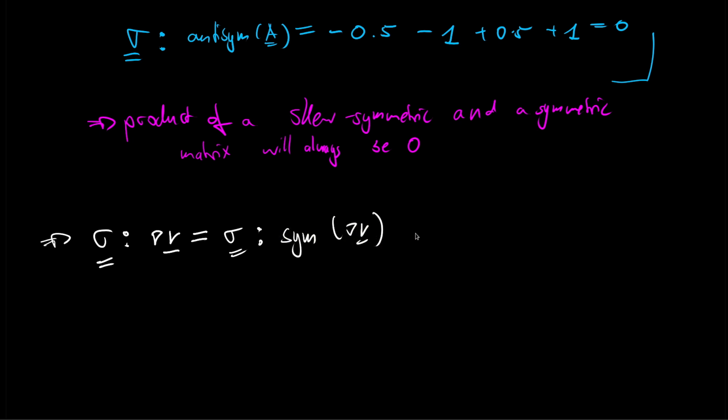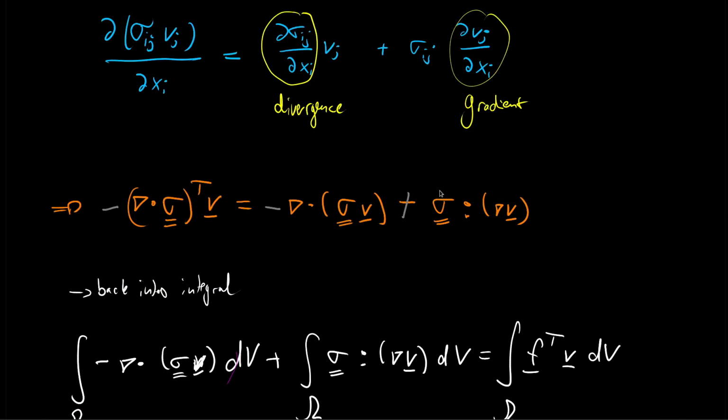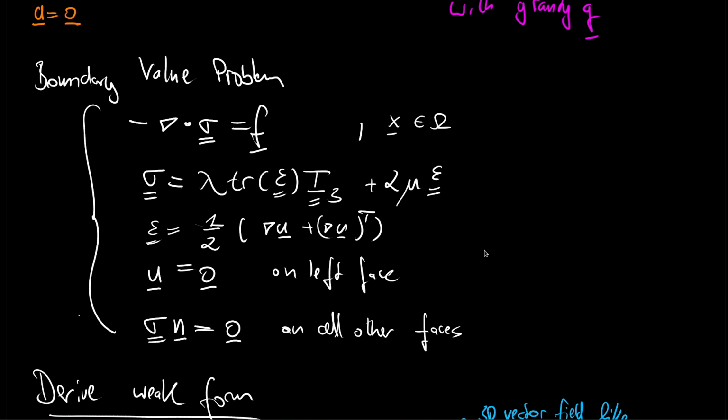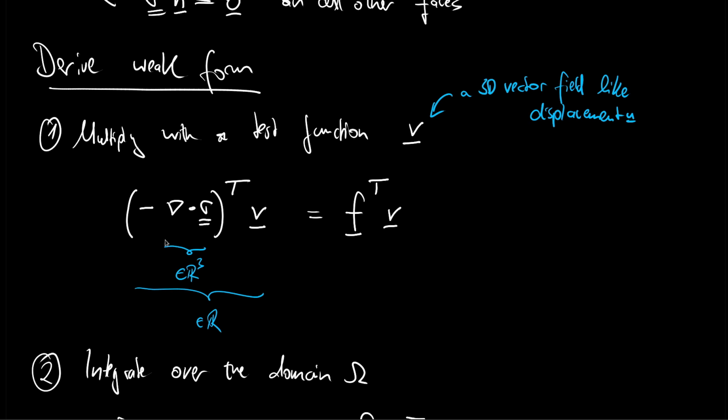And if we then look at the original boundary value problem again, we see that there is an operation which produces the symmetric gradient, and that's essentially the displacement strain relationship. So we can kind of reuse it for our test function as well.